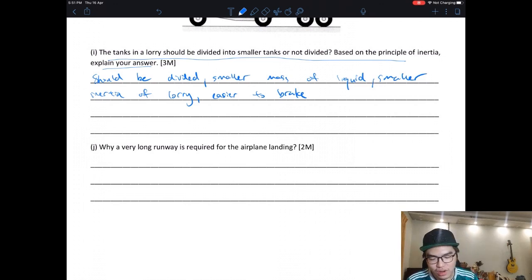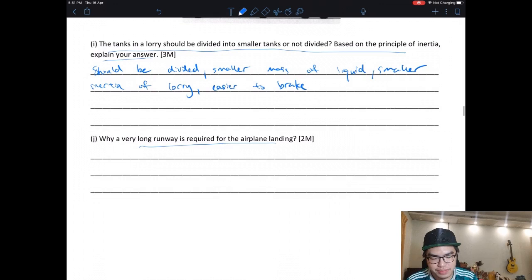So J, why is a very long runway required for airplane landing? That's what they mean by the example just now. Because an airplane has high mass, therefore high inertia.